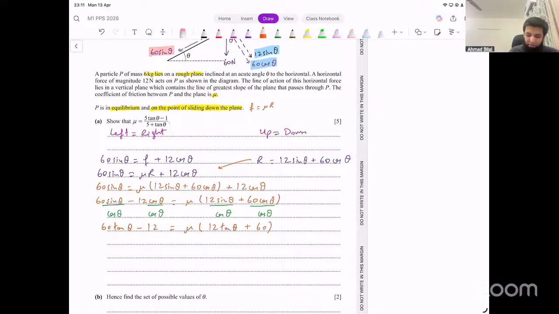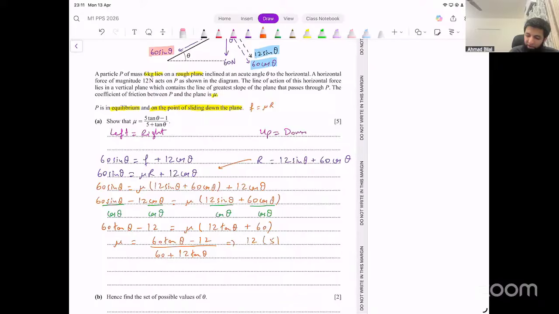Now we can divide this on the other side, and that gives us mu equal to 60 tan theta minus 12 divided by 12 tan theta plus 60. Let's rearrange this. They have the constant written first here. I'll just write it like that: 60 plus 12 tan theta. We can take 12 common from both the numerator and the denominator.